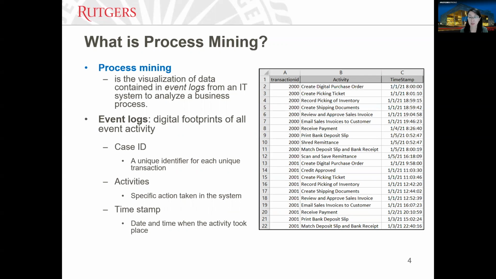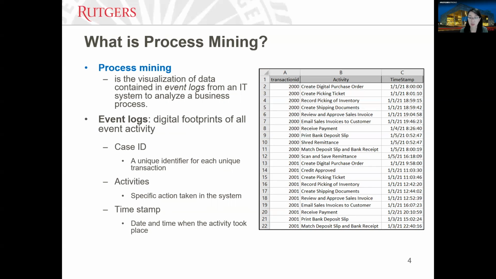So the event logs contain the digital footprints of all the sequenced steps that are carried out by people or the system during a process. In its most minimal form, an event log contains information about three important things. One is the case ID, which is a unique identifier for each unique transaction.